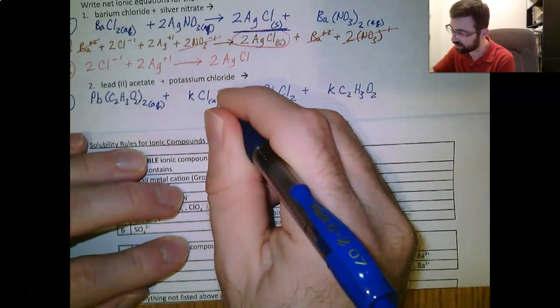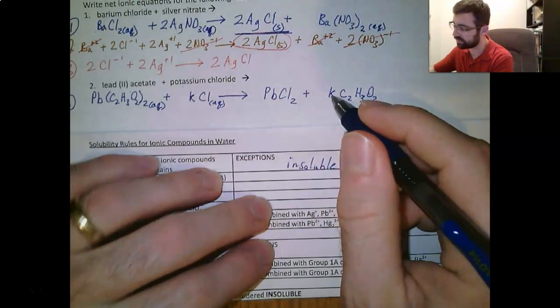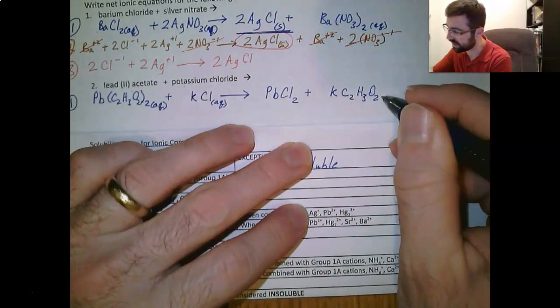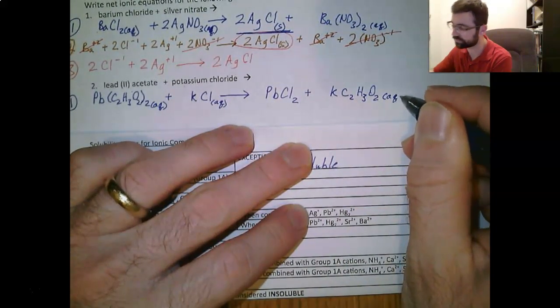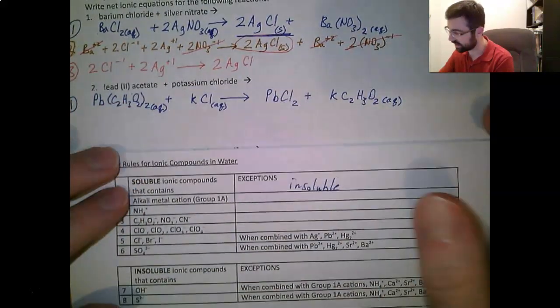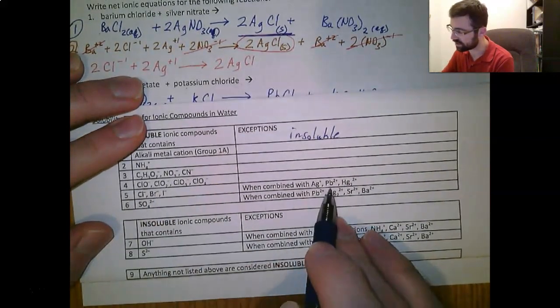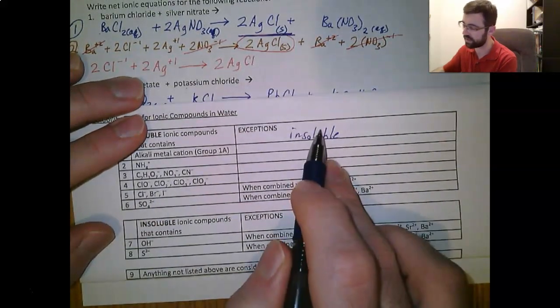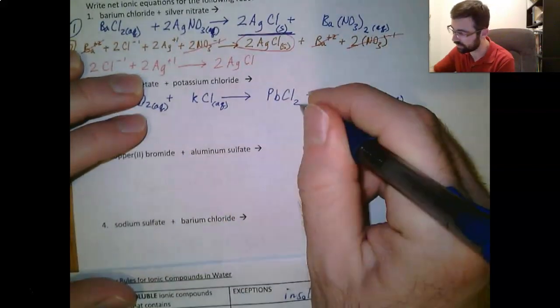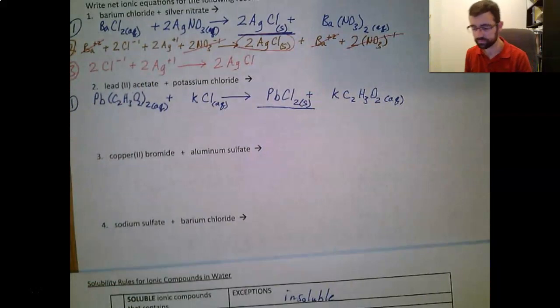You'd also say, well, it's got a group 1 metal, so it's soluble. Group 1 metal and acetate, this is definitely aqueous. Now let's look at this one, PbCl2. Cl and Pb with a +2 charge, oh, that's insoluble. That makes this our solid compound. Underline it. Okay, moving on to step 2.